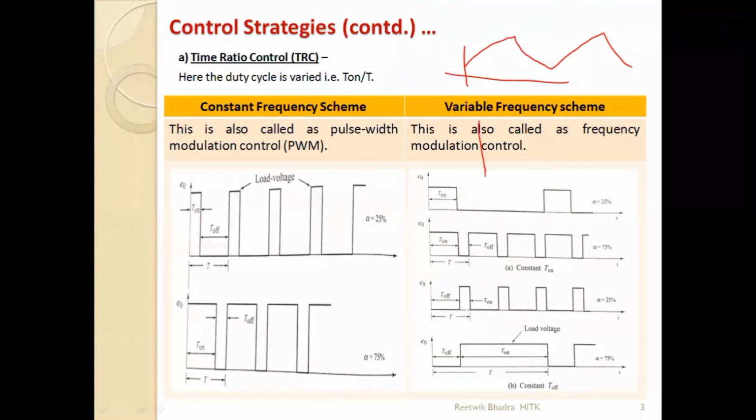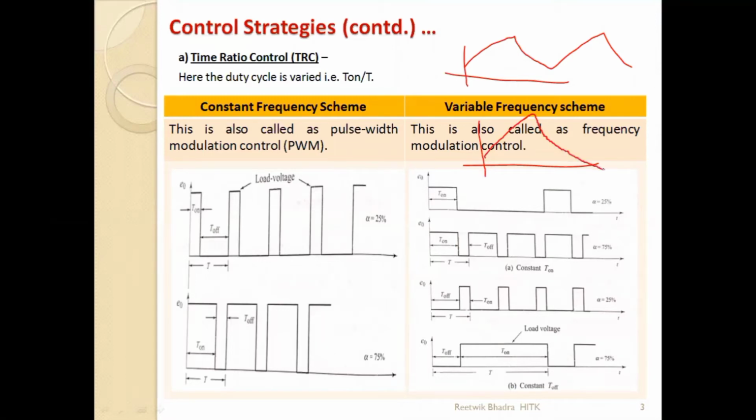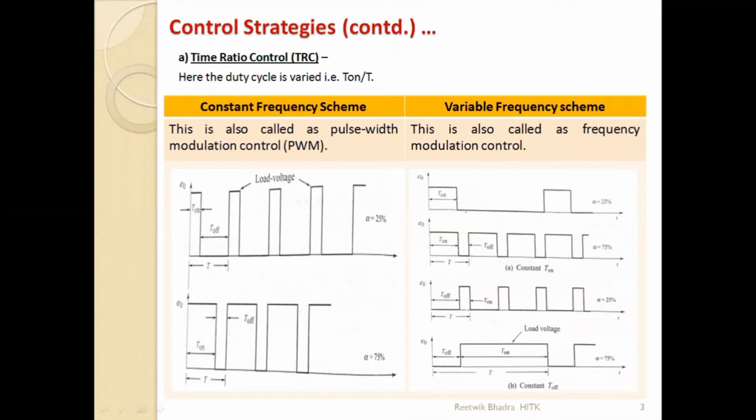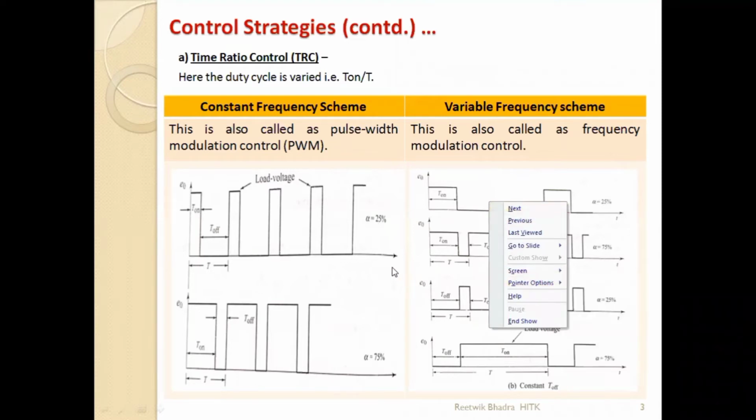If you take a huge value of T off, then it may rise to that point, settle down, and if you give more T off, it will slowly decay to zero, then again it will rise. So inductor current can become discontinuous if you take larger values of T off. In this scheme, a large value of T off is there, so if you implement it here, there is a chance that the inductor current may become discontinuous. We'll see in a diagram also where the inductor current has become discontinuous.